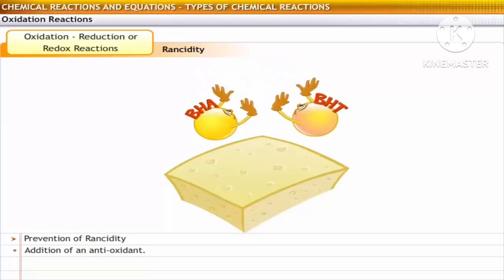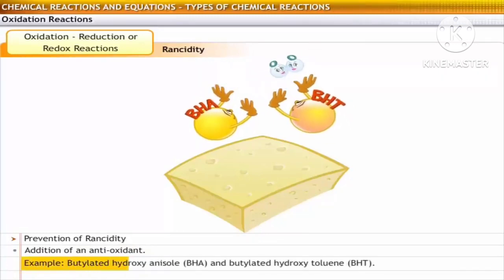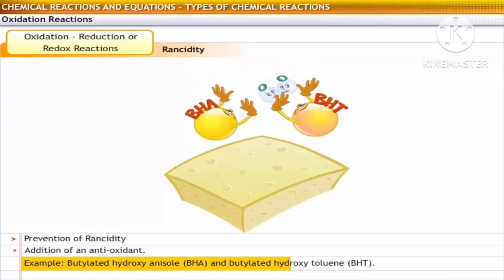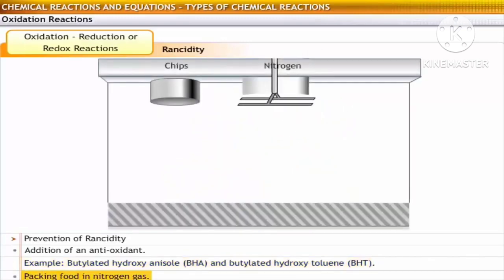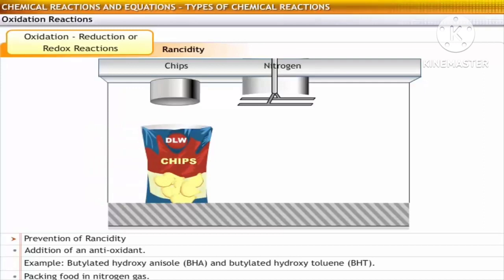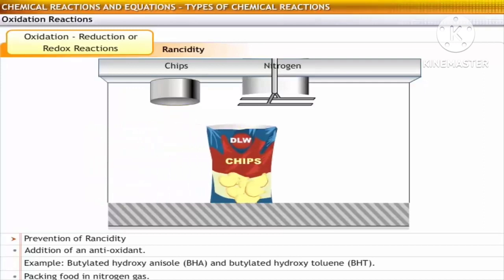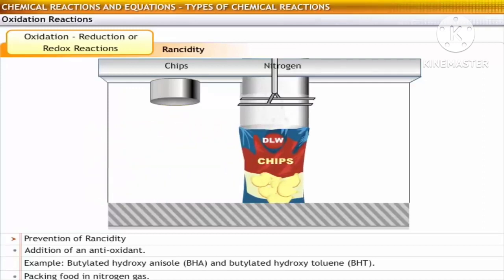Two common antioxidants used in food are butylated hydroxyanisole (BHA) and butylated hydroxytoluene (BHT). By packing food in nitrogen gas, nitrogen prevents oxidation of food. For example, rancidity in potato chips can be prevented by flushing the bags with nitrogen while packing.